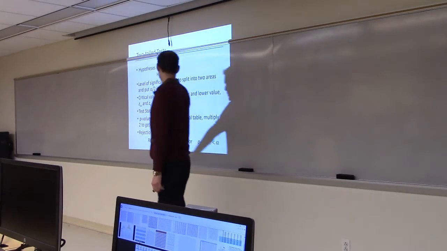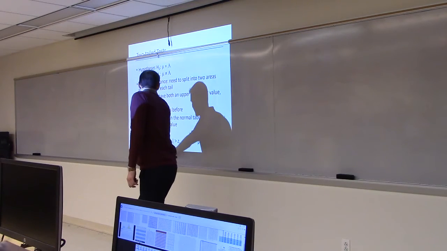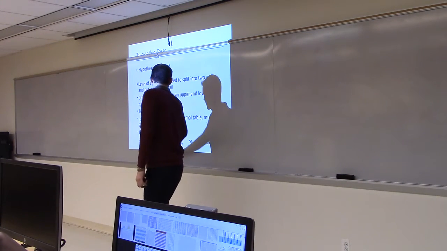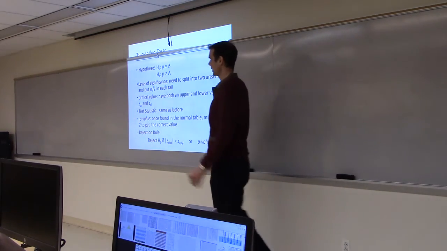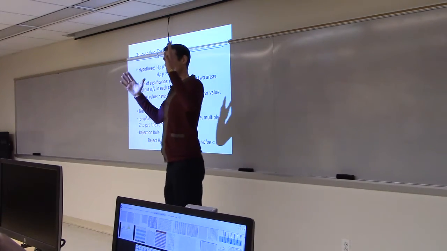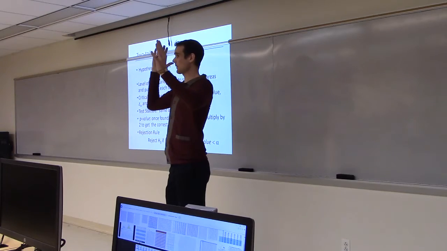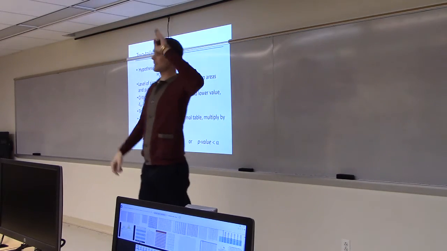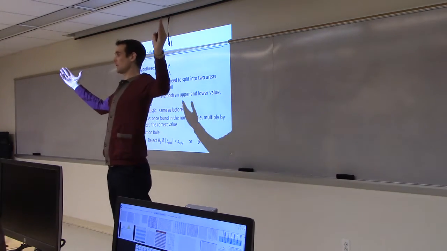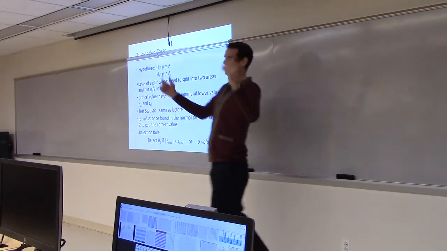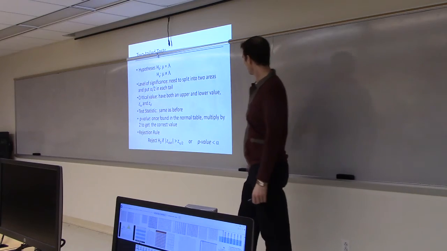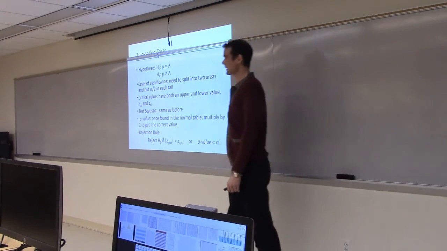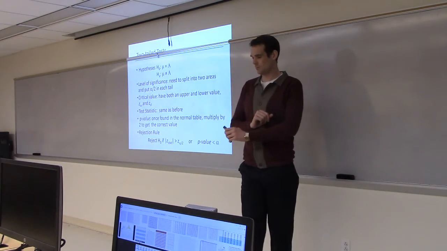And if this helps you, we reject the null if the absolute value of the t-stat is greater than the critical value. Meaning if the critical values are negative 1.65 and positive 1.65, and the t-stat falls outside of that, then it has an absolute value greater than 1.65. Or the p-value version, of course: if the p-value is less than the significance level, reject.